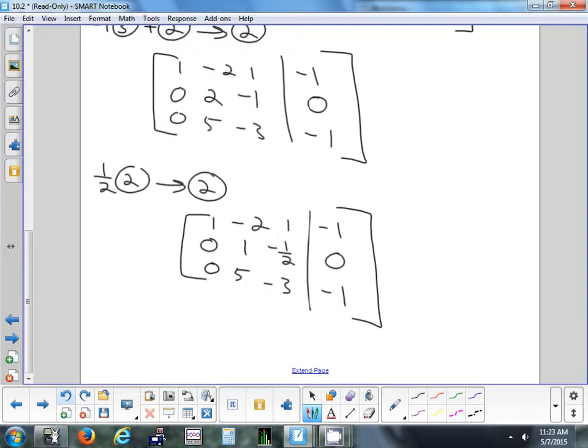Next step, we want to get a 0 right here. Don't go back and use row 1. That's going to mess up these zeros. We can only use rows 2 and 3 now. Can anyone tell me how we could get a 0 where the 5 is?